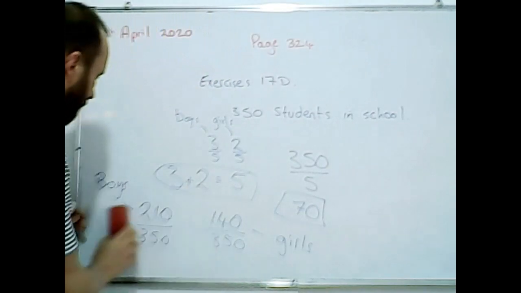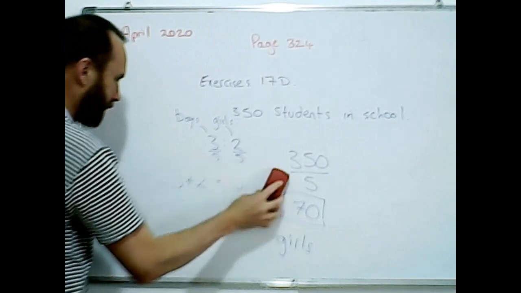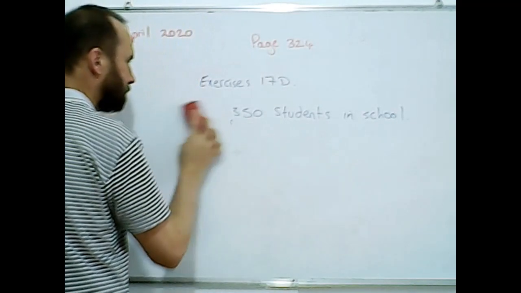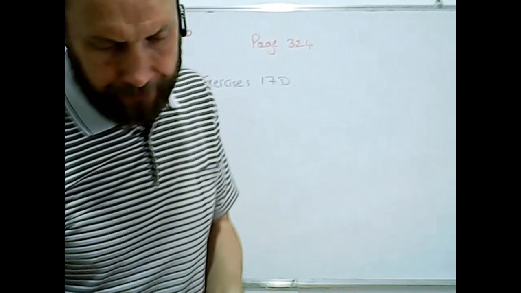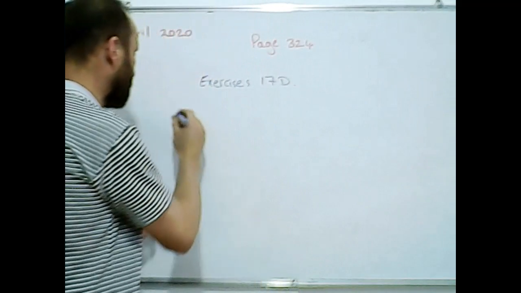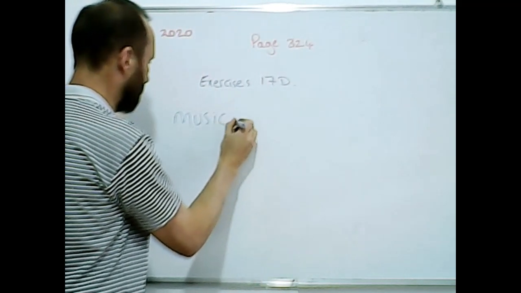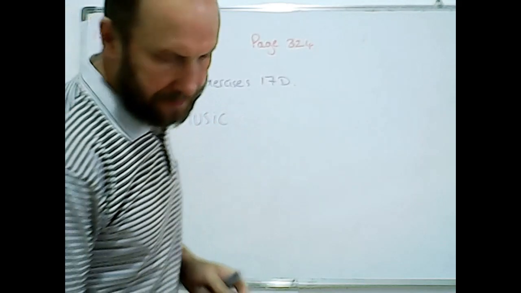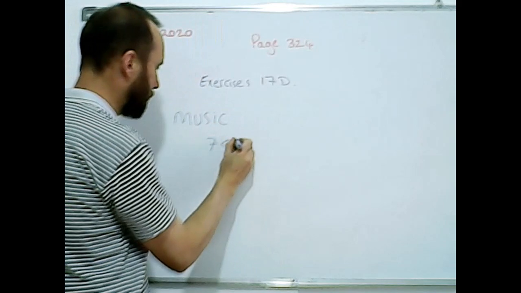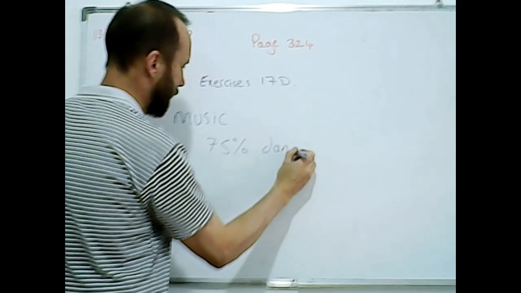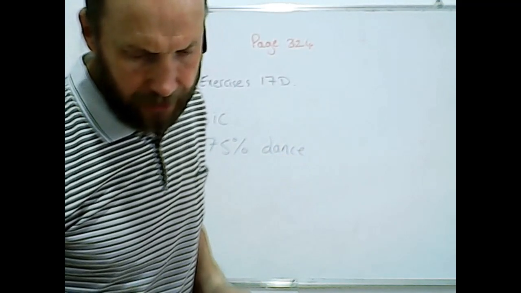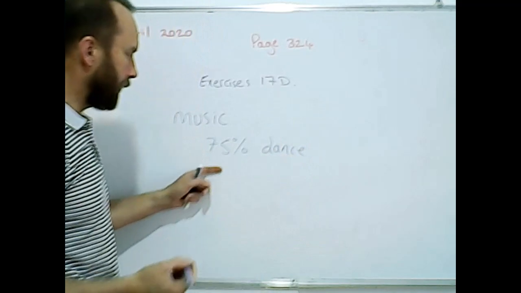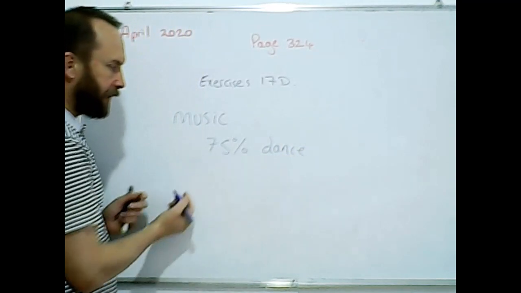Right, next one, I'll just do one more question and then leave you to do 2 questions. The next one, I think it's easy. We've got Frida has downloaded some music, and 75% is dance tracks. The question says, what is the ratio of the dance tracks to other music? Well, what does 75% mean?